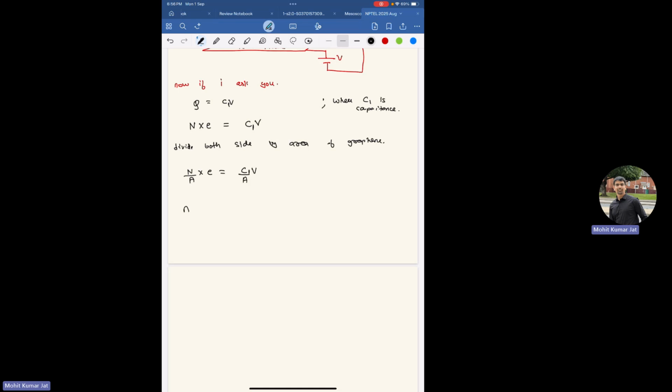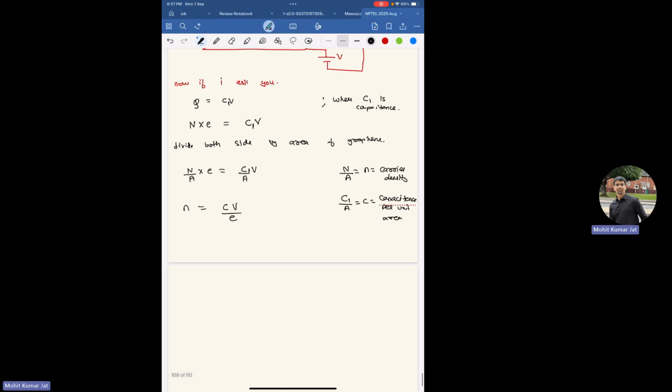So this will be N equals C by A, let me just call it C. C1 by A, let me call it C. So N by A is the carrier density, the number of charge carriers per unit area, and C1 by A is the capacitance per unit area. So C times V by E.